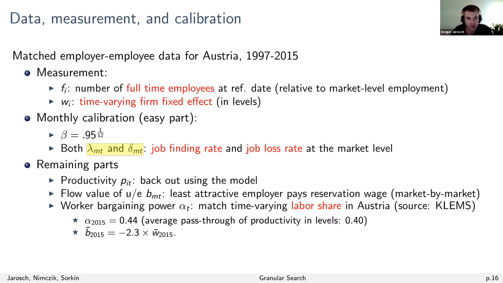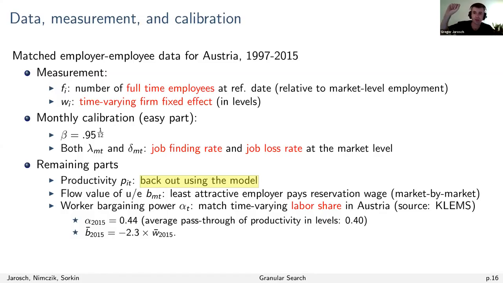The remaining parts are a bit harder. We don't have direct data on productivity or value added. I guess that will be an advantage of using the Brazilian datasets. We don't have that. So we effectively back out productivity using the model. So we invert the model and back it out. And you lose all sorts of restrictions, but that's how we go about it.